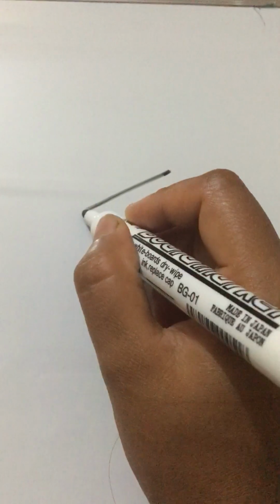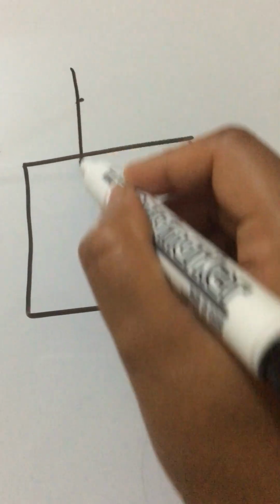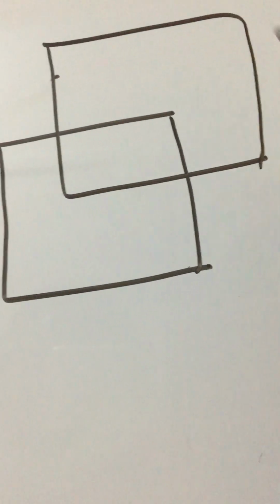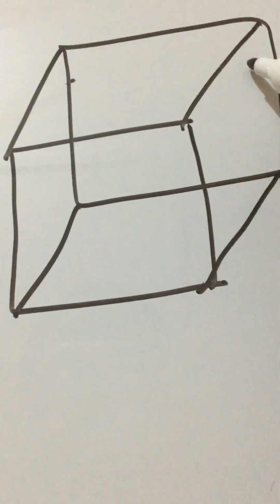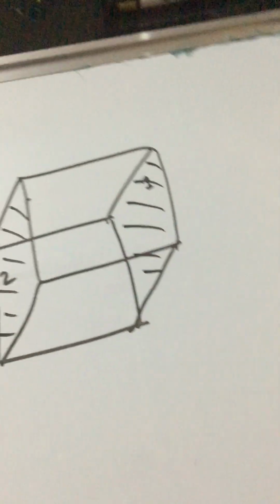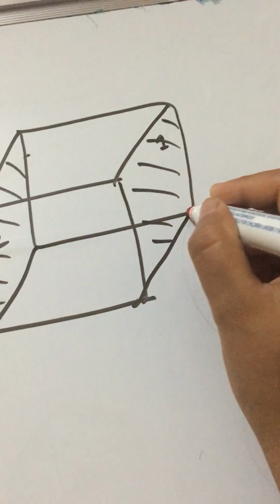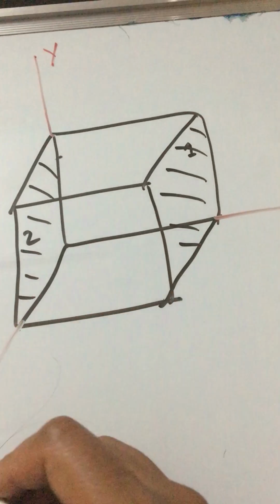Okay, now let me go to the closed surface. One, two I will do, the rest you do the previous one. Okay, 1 and 2 surface, these 2 only I am considering. This is a three-dimensional case, so let me specify this as x-axis, another one as y-axis, and another one as the z-axis.